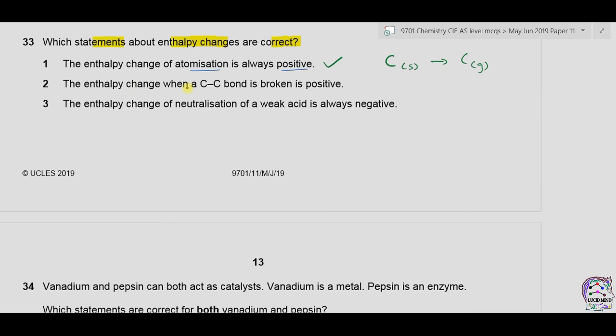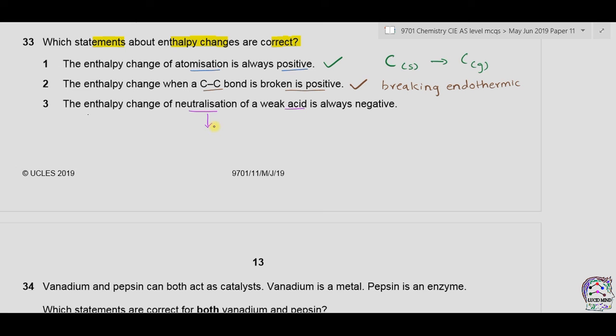Option 2, the enthalpy change when a carbon-carbon bond is broken is positive. Now this is also true because bond breaking is always endothermic, as it always requires energy to break a chemical bond. 3. The enthalpy change of neutralization of weak acid is always negative.